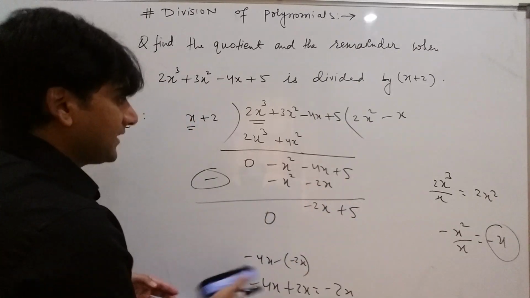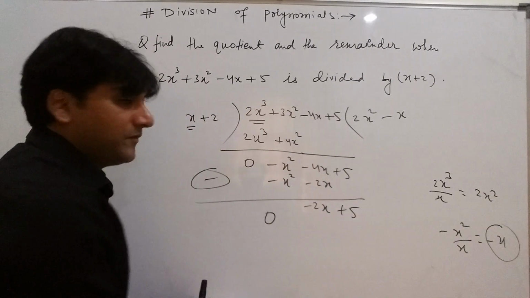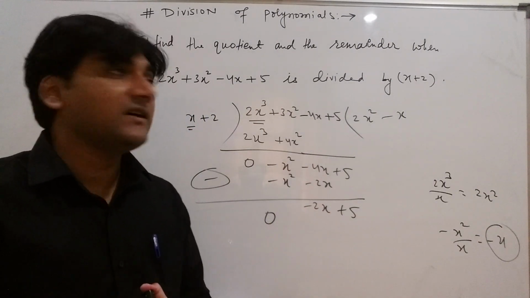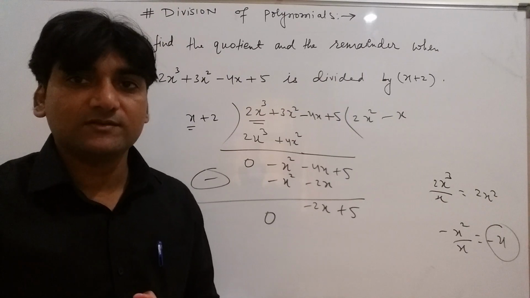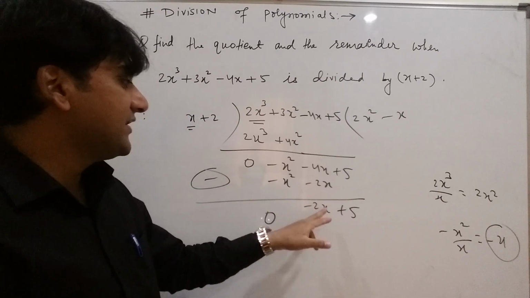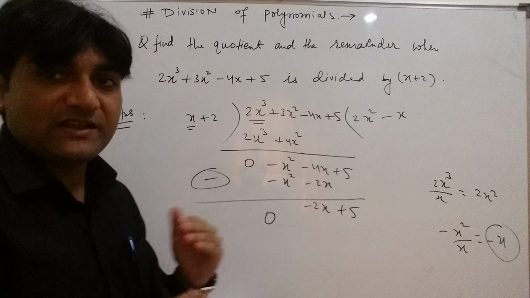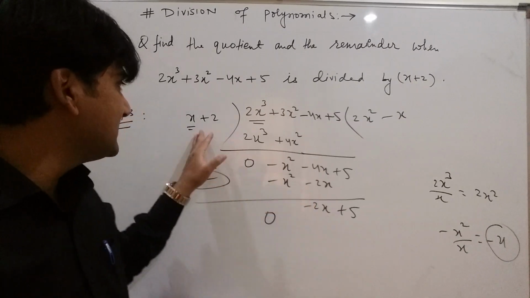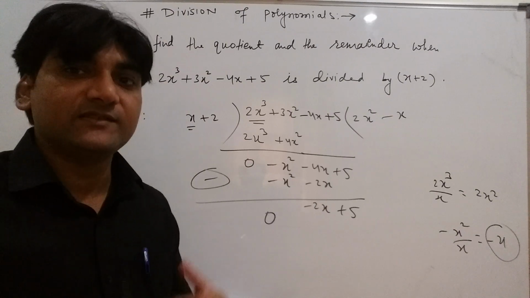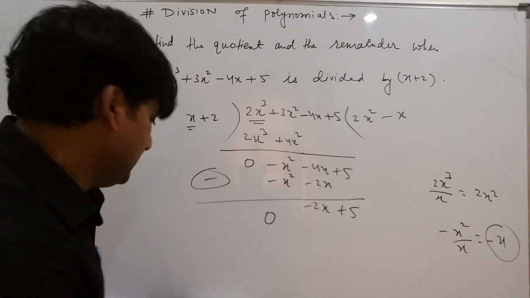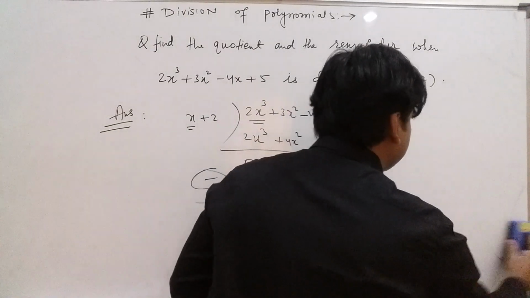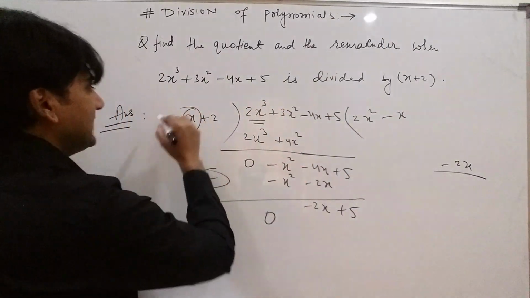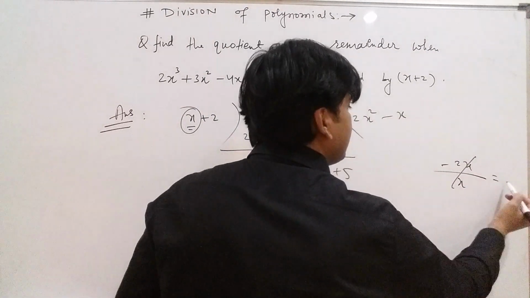Now we have to decide whether it would be further divisible or not. So let's check. Degree is 1 over here, and 1 over here. If the degree is the same, then you can divide. This is minus 2x, this is x. So yeah, it is divisible, you have to divide. So this minus 2x over this x cancels, we got minus 2.